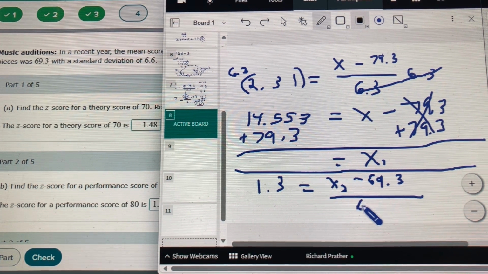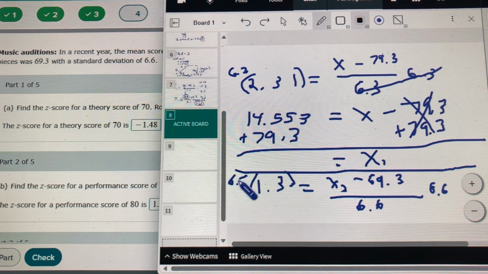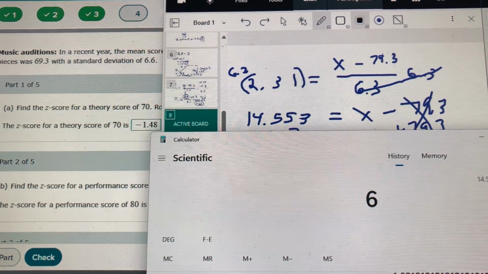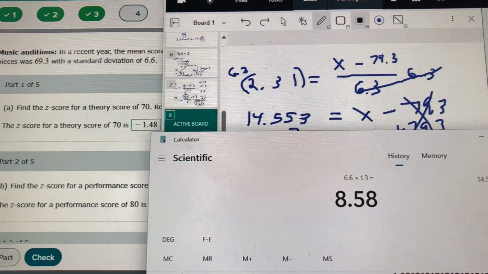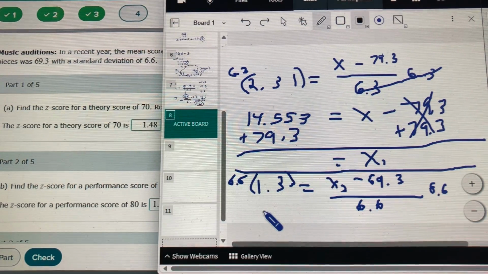And then her class had a 6.6 standard deviation. So multiply both sides by 6.6. 6.6 times 1.3 is 8.58.